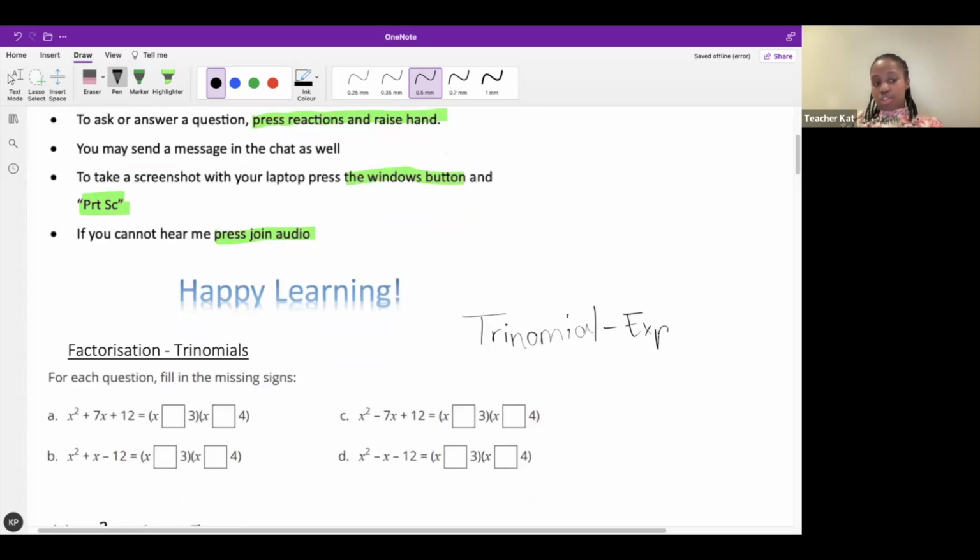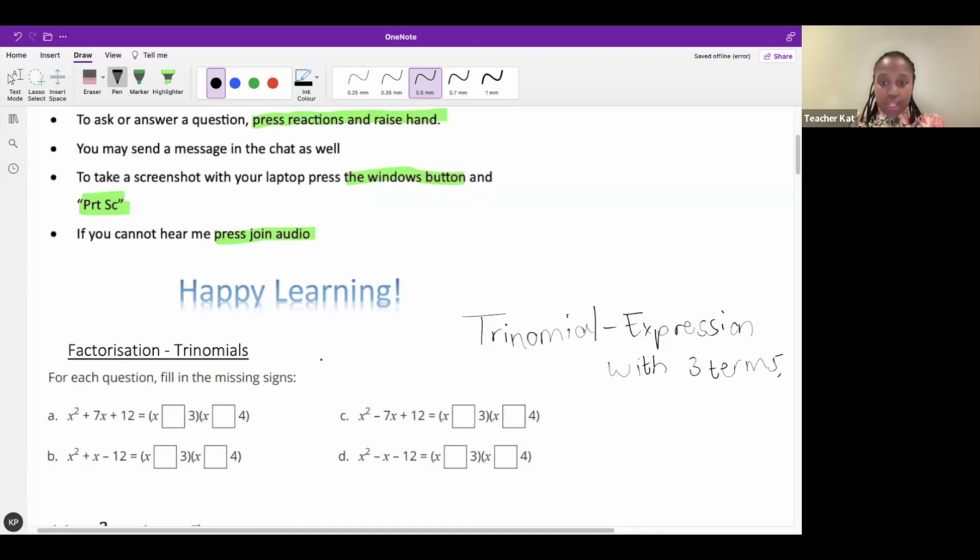It's an expression, nice, Lily, with 3 terms. Okay, which we are going to change into 2 brackets, as you can see below.